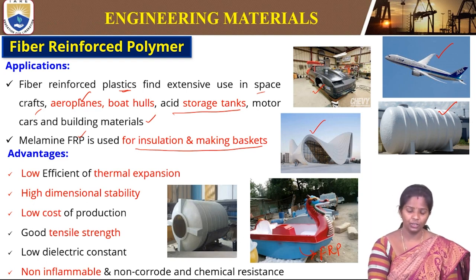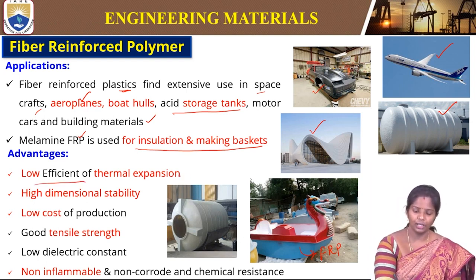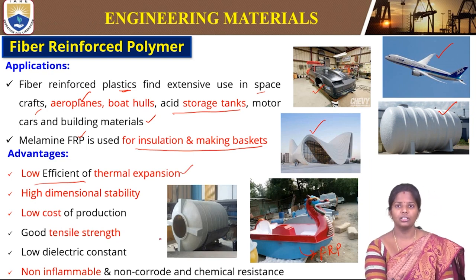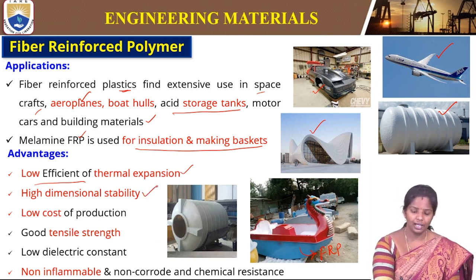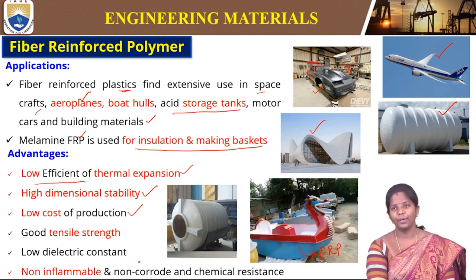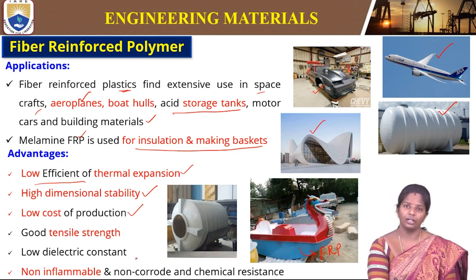And why are we using it? It has a low coefficient of thermal expansion, so even if it is exposed to heat or sunlight, thermal expansion is lower, so we can use it happily. Then high dimensional stability and low cost of production. When we compare with metals or wood or concrete, the production cost is very low for fiber reinforced polymers.